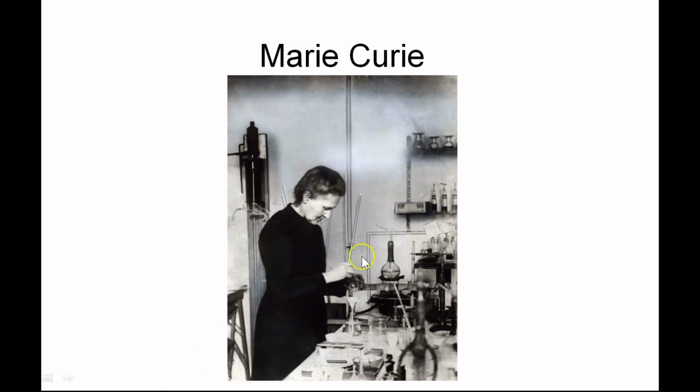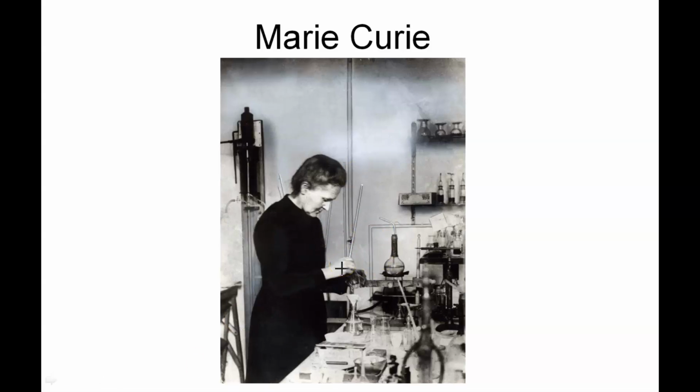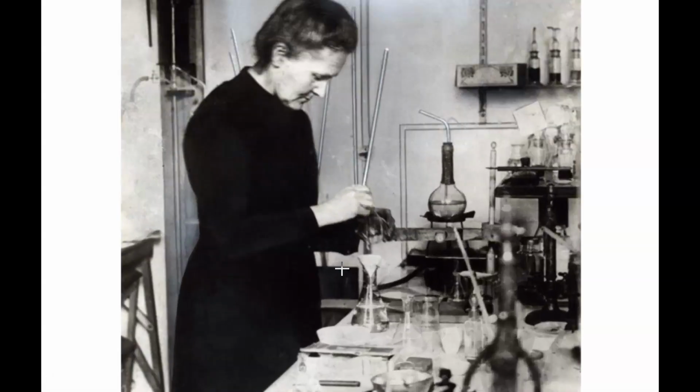And so when Marie Curie worked in her laboratory, she pretty much handled radioactive isotopes with her bare hands. And this is not because she didn't want to protect herself. She just didn't know about the danger of radioactive energy, and nobody knew at that time.